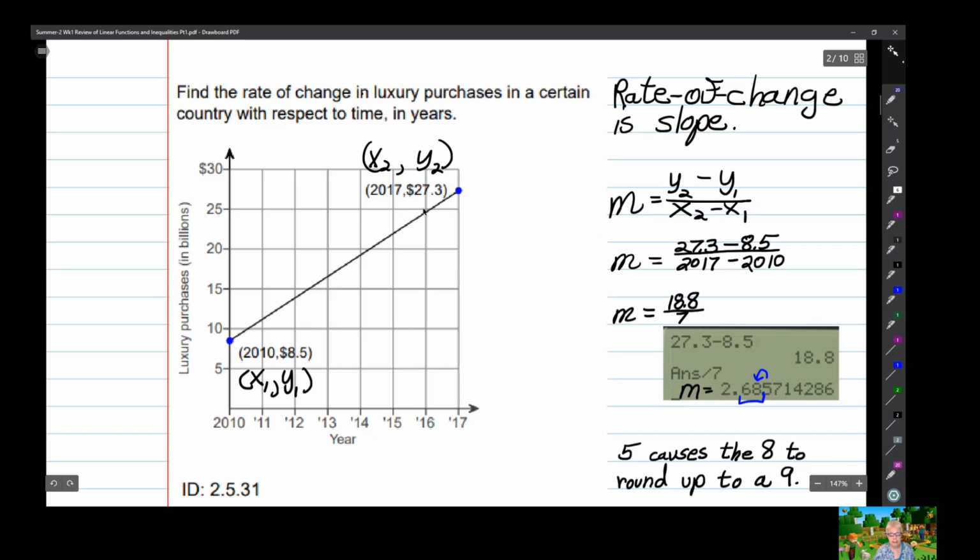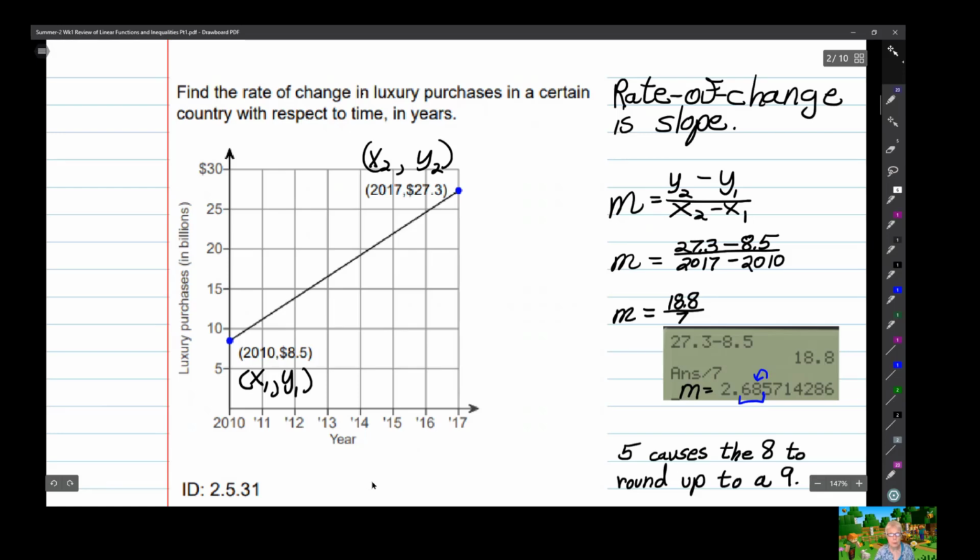Here's what that means. On the vertical axis, usually called the y-axis, we have money in billions of dollars. The horizontal axis, which we usually call the x-axis, is the time axis, that is time in years. 2010, 2011, 2012, 2013, and so on up to 2017.